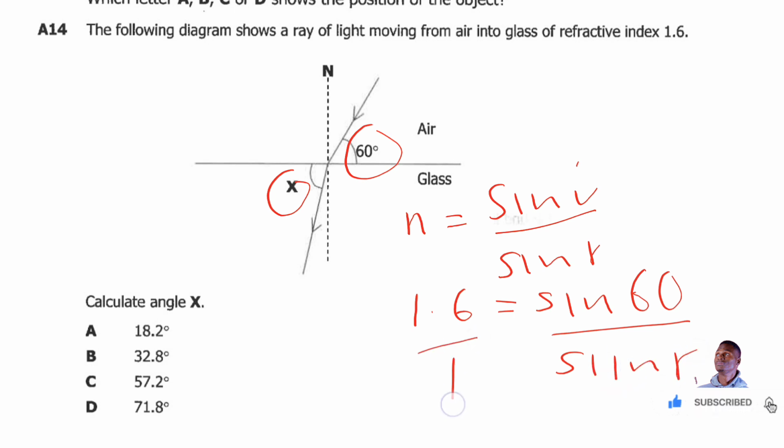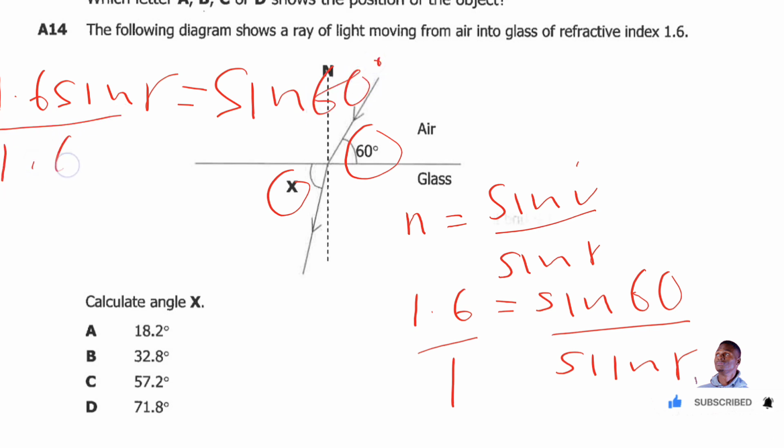Then you cross multiply, so over 1. You get 1.6 sine r equals sine 60 degrees. Divide both sides by 1.6, so sine r is equal to sine 60 over 1.6.